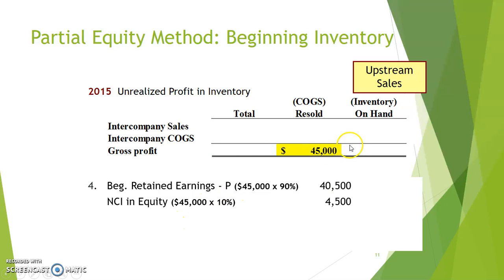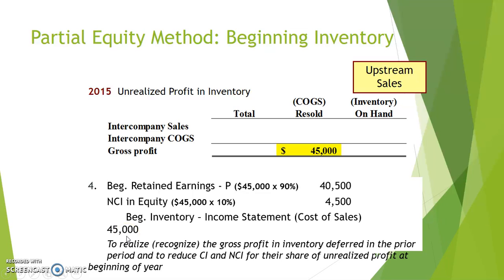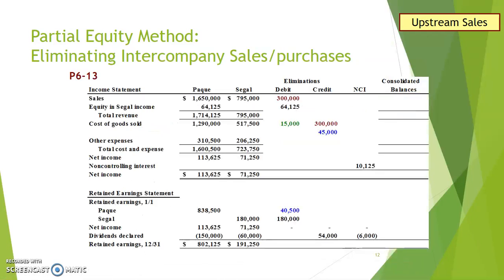So 10% of the 45,000 belongs to the NCI, and that would be debited to the NCI's account, and the beginning inventory in the income statement will be credited for the $45,000. So that entry is to realize or recognize the gross profit in inventory that was deferred in the prior period, and to reduce the consolidated income of the parent and the NCI for their share of unrealized profits at the beginning of the year.